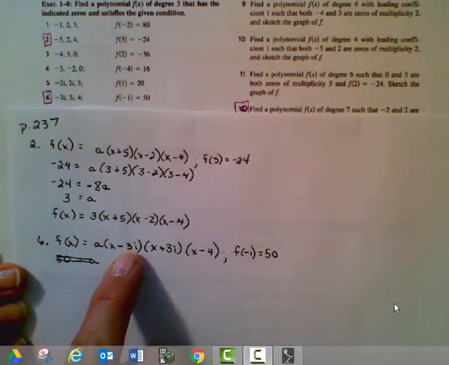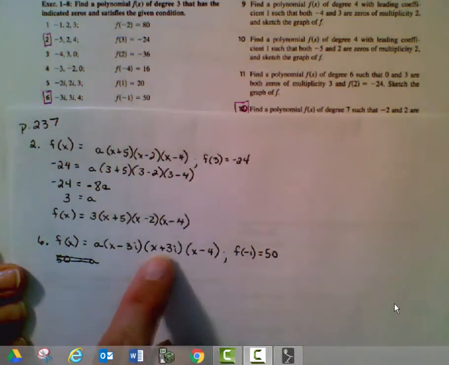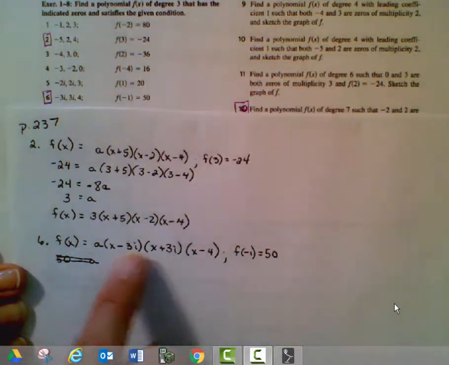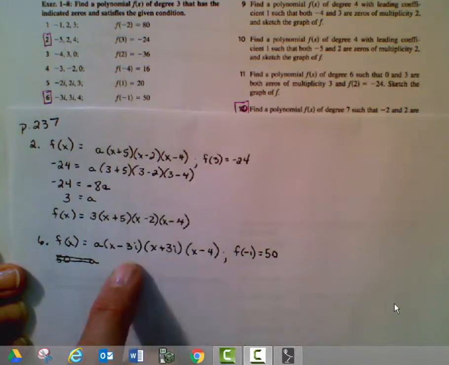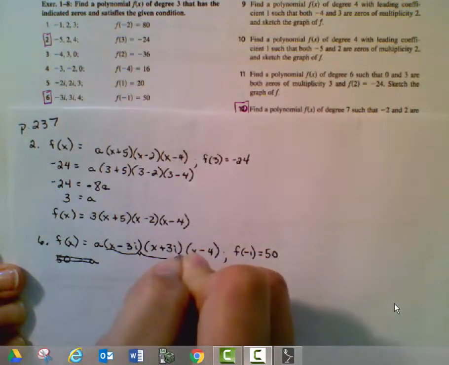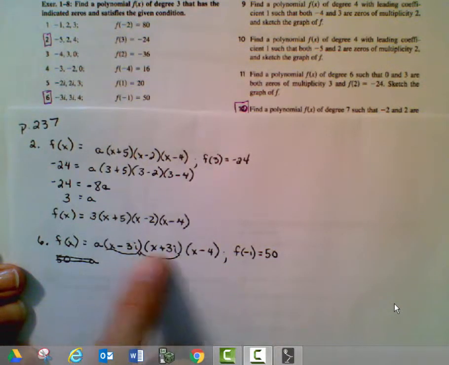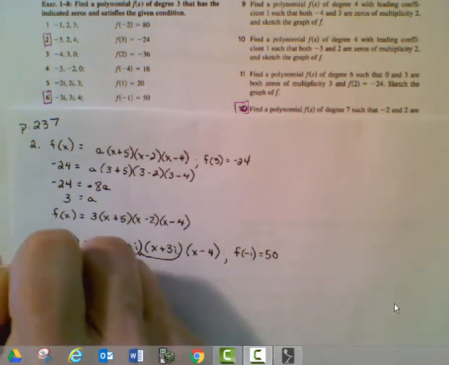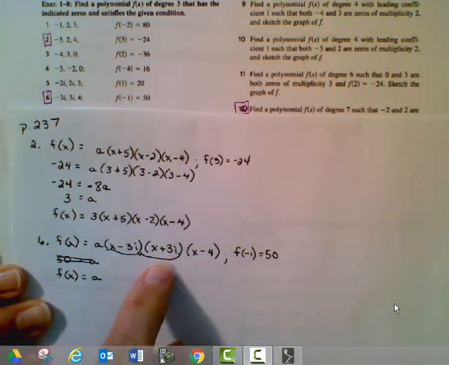Remember that when you multiply a complex number times its conjugate, you get a real number. So I just realized it would be simpler, I'd have a simpler expression to evaluate if I went ahead and multiplied that complex number times its conjugate.